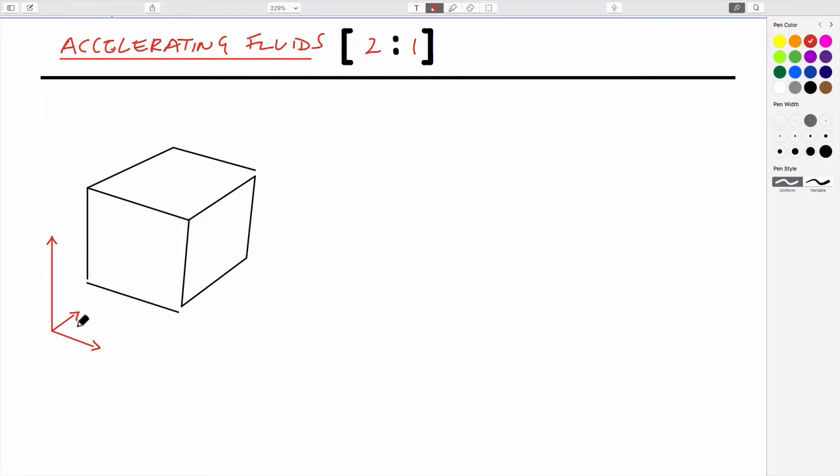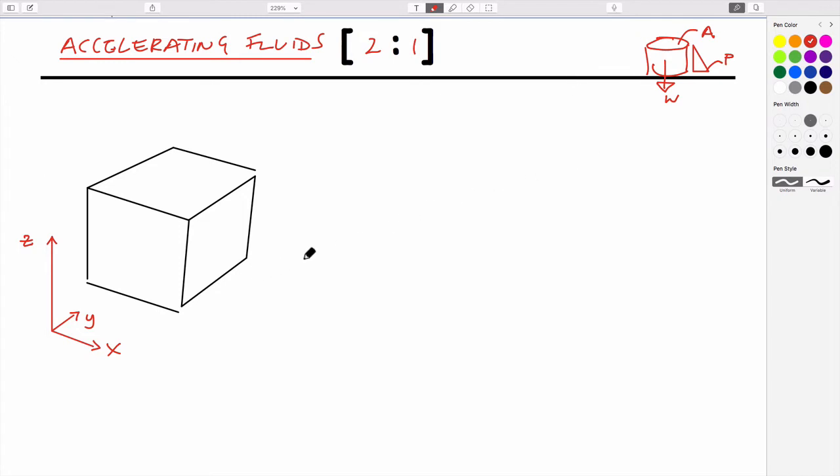Thumb is X, first finger is Y, second finger is Z. Just by convention, it's a mechanics convention, Z is positive upwards. And this is exactly the same as the container we had before, no different. It has some kind of weight to it, it has an area, and we can figure out exactly how the fluid pressure changes as we go along the depth of it.